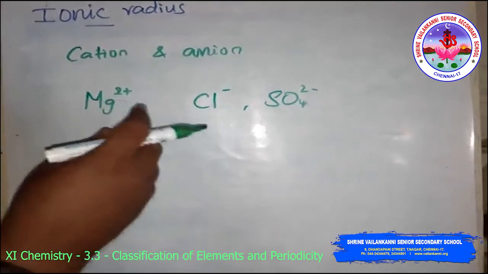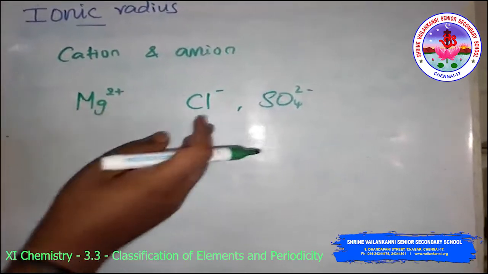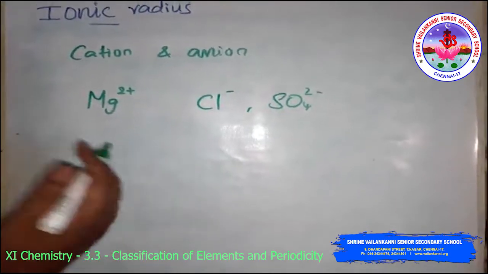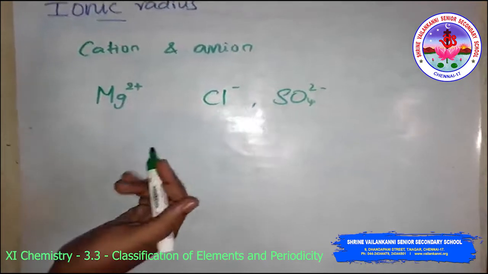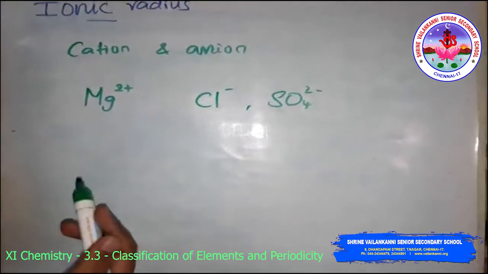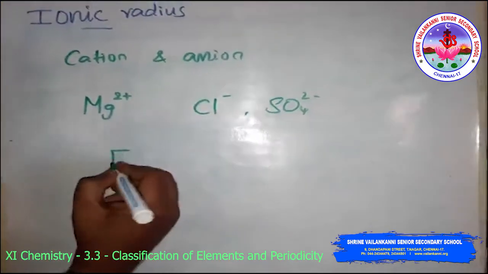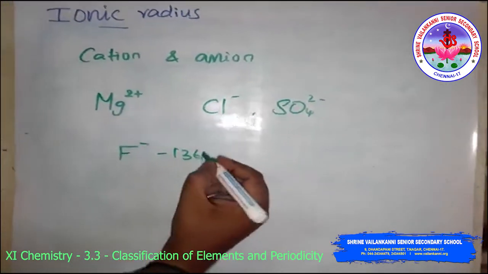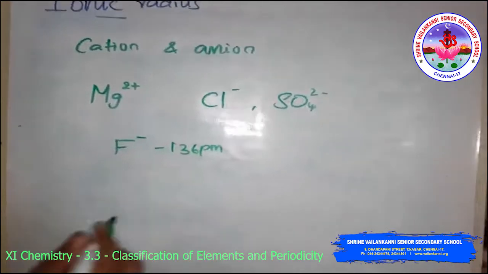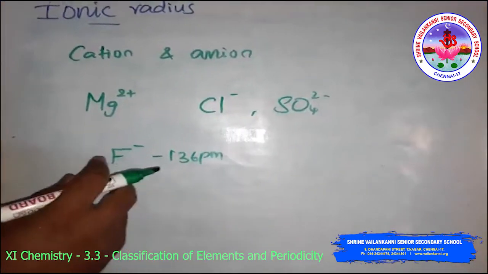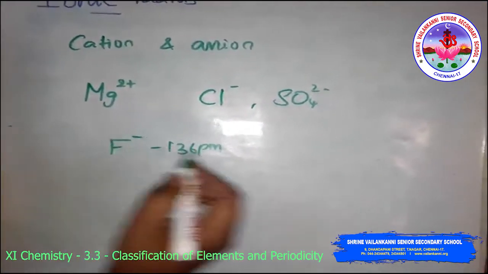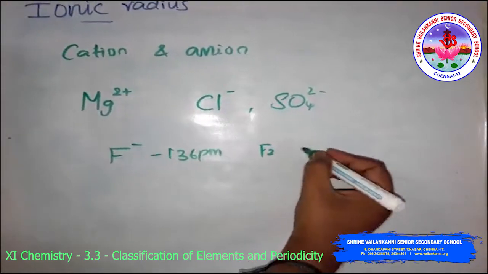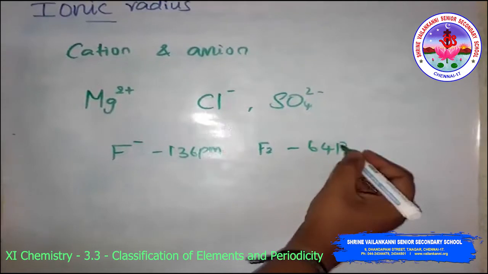The addition of one or more electrons results in increased repulsion among the electrons and a decrease in the effective nuclear charge. For example, the ionic radius of the fluoride ion is 136 picometer, while the atomic radius of fluorine is only 64 picometer.